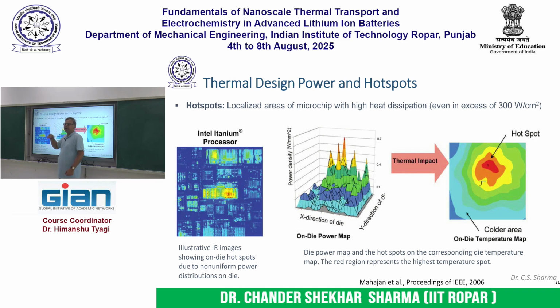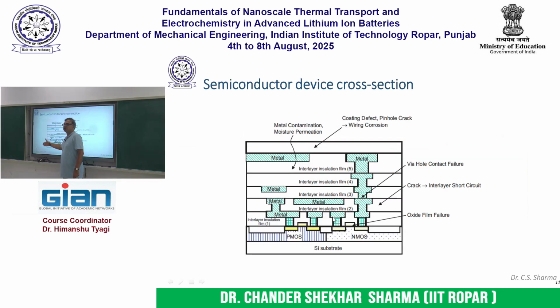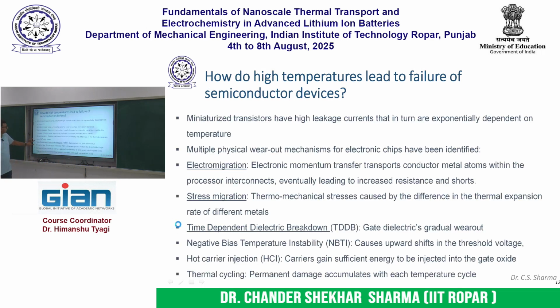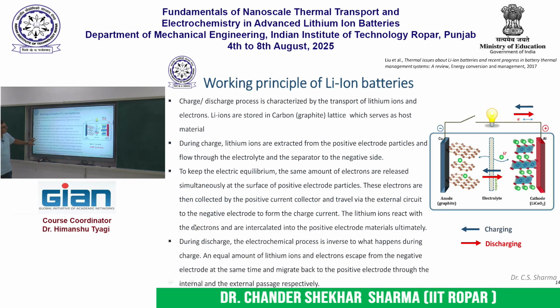So red means high temperature, okay, and this is a distribution of the temperature, and you can see that there are small hot spots in a processor, and the thermal management needs to take care of not only what is the total heat being dissipated, but what is the distribution of that heat dissipation, okay, because let's say if you have, let me go back, can I go back somehow?